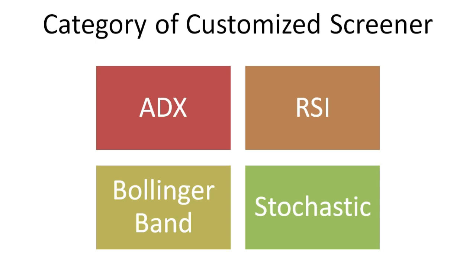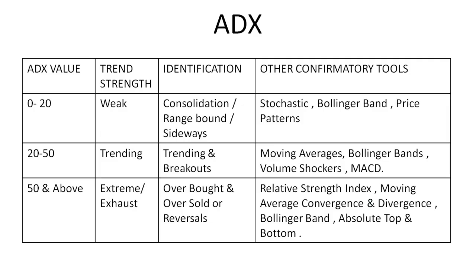First we use the ADX. As we already know, the ADX provides you the complete market behavior. If you filter the ADX below 20, that gives you a weak strength trend. The identification is consolidation or range bound, and we can also use another confirmatory tool like price patterns, Bollinger Band, or Stochastic.